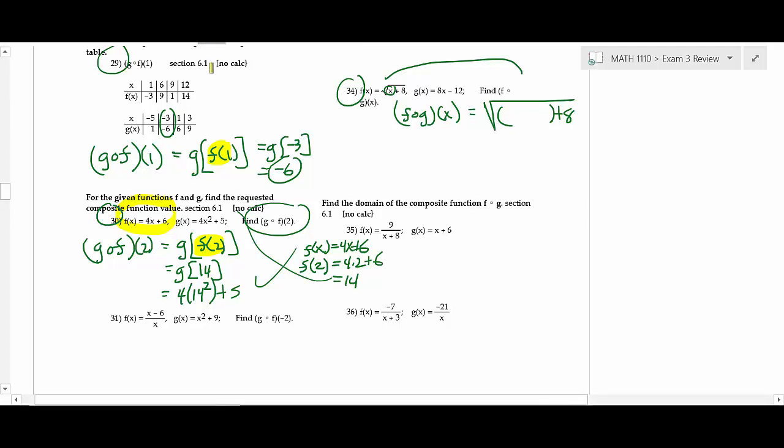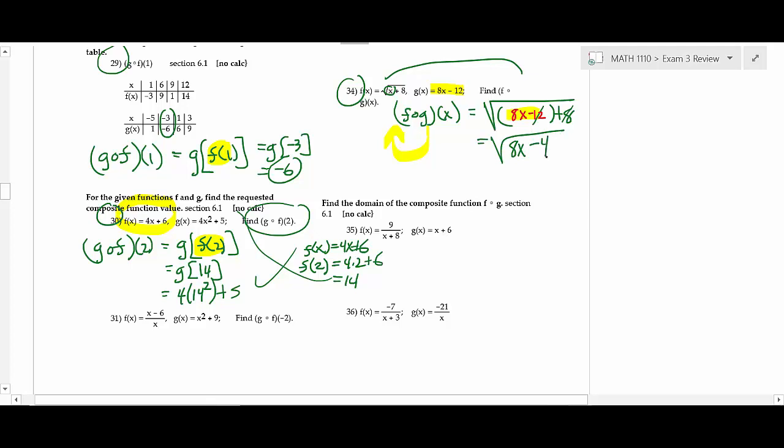The other function. Good, thank you. 8x minus 12. So what you're doing is plugging the right function g into the left function, so you would have this. Sometimes these don't have much to simplify. This one you would just have 8x, and then -12 plus 8 is minus 4.